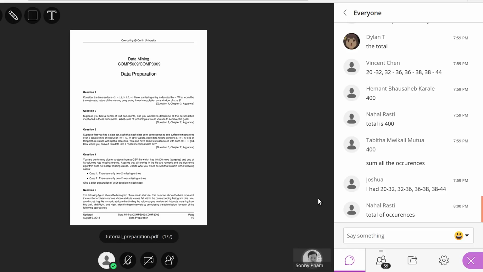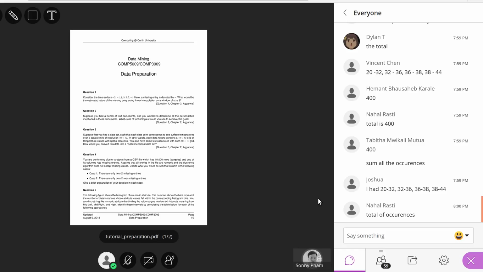All right. So what we have here is a very, very specific application. We have a sensor, right, which measures the temperature, and here we also have this data set, in which each data point corresponds to a sea temperature of a square mile of resolution 10 by 10, right?